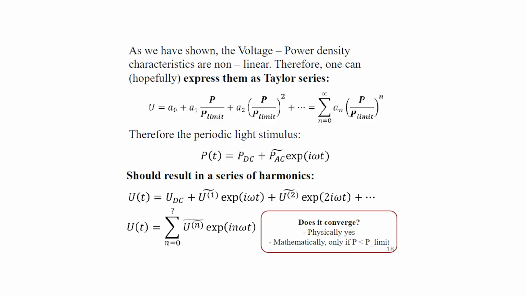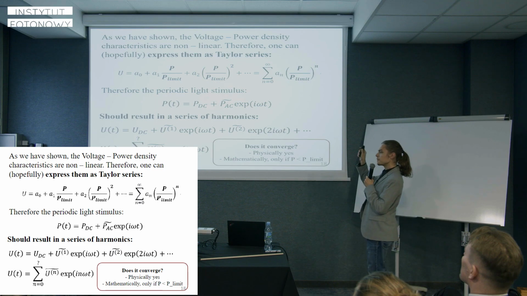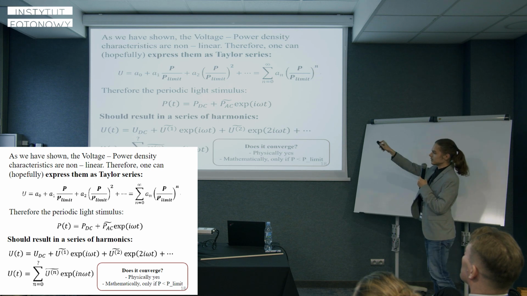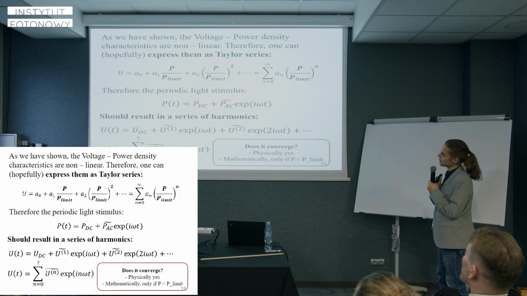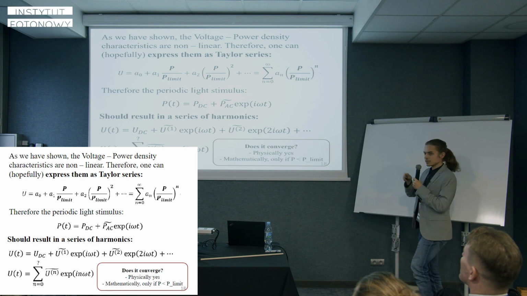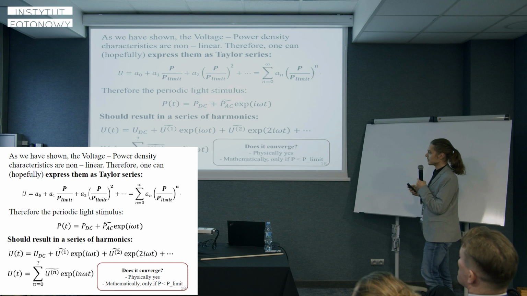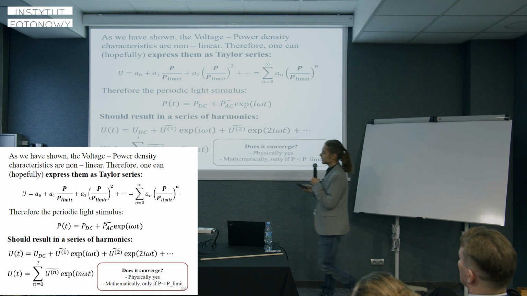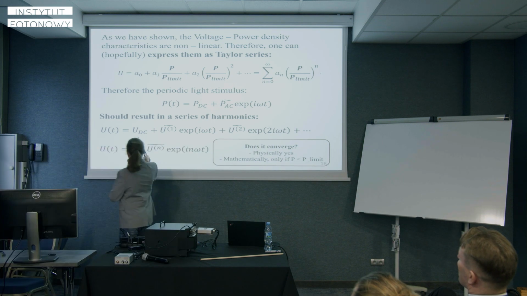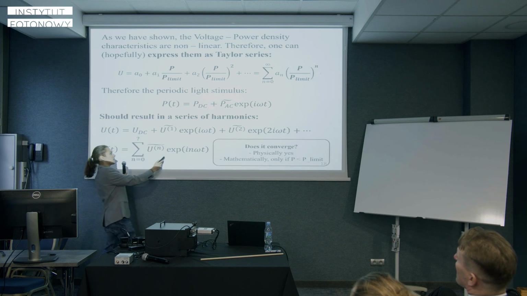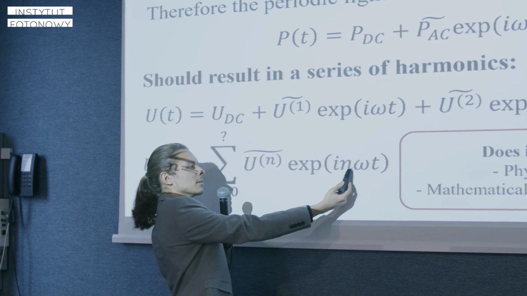So if I have such a Taylor series expansion for the photovoltage, and I know that the input power density of light is given by this simple exponential, I can plug it in and get another series for the photovoltage, expressed as a series of exponentials with i n omega t.